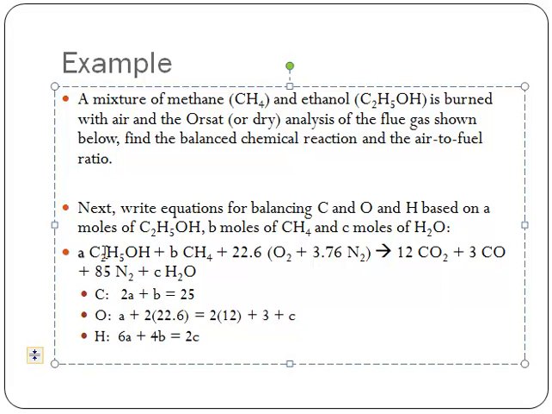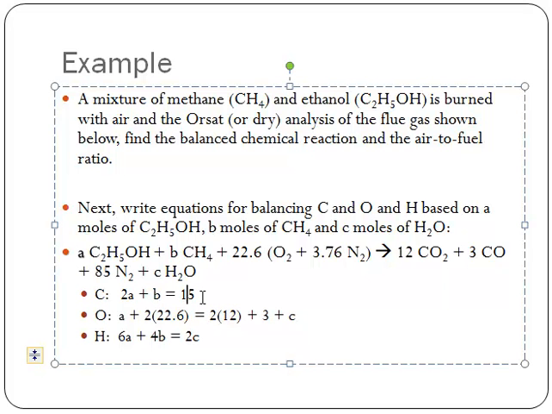Carbon occurs here, here, here, and here. So for every mole of A, I have 2 carbon atoms, so 2A, and I have one carbon atom in the methane, so B carbon atoms. On this side I have 12 and 3, which is 15, not 25.